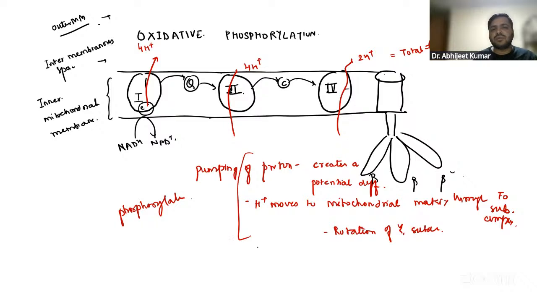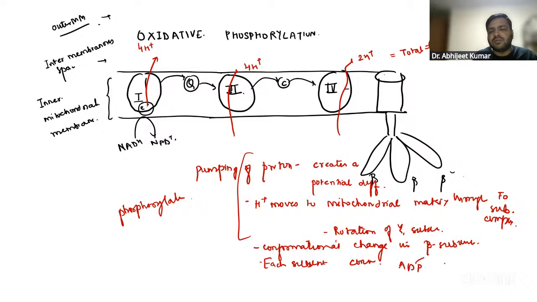What happens? There is a conformational change in the beta subunit, and each subunit converts ADP to ATP.